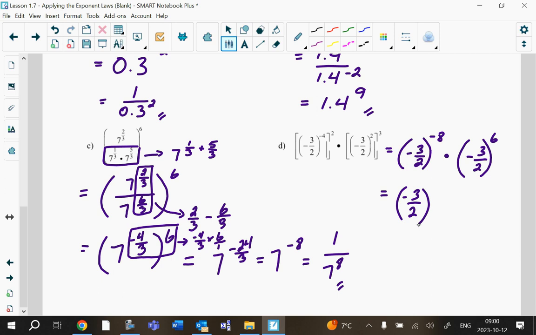And then add the exponents. -8 plus 6. -2. We got to make this a positive exponent. -2 over 3. Now we're good.